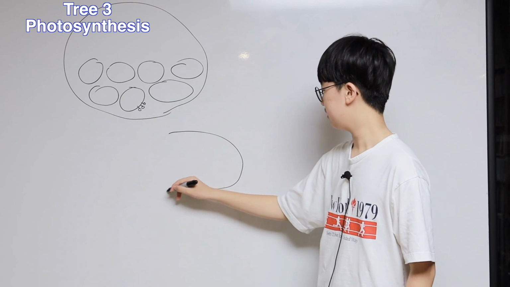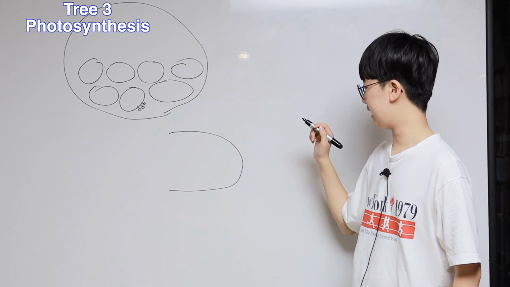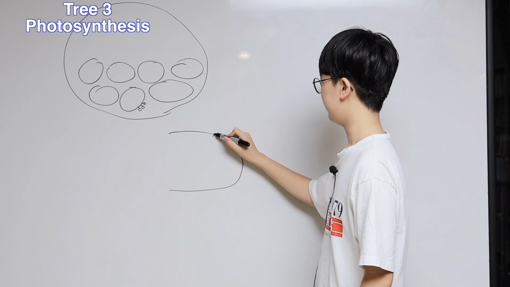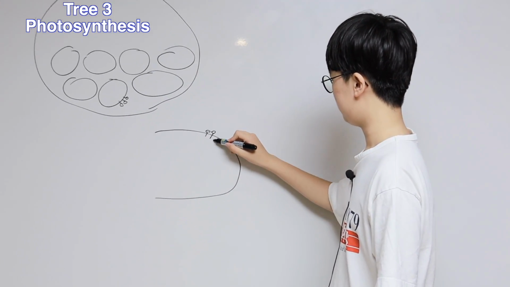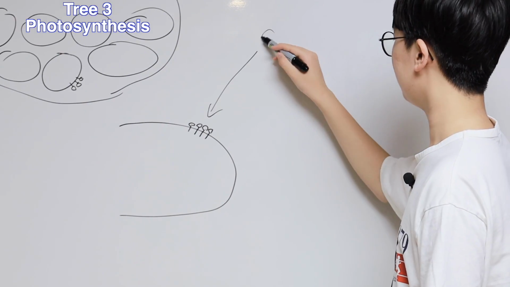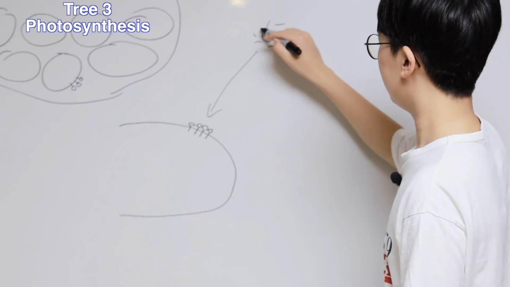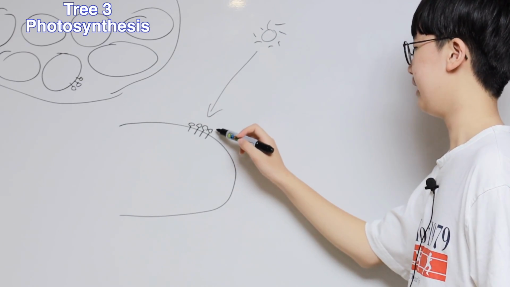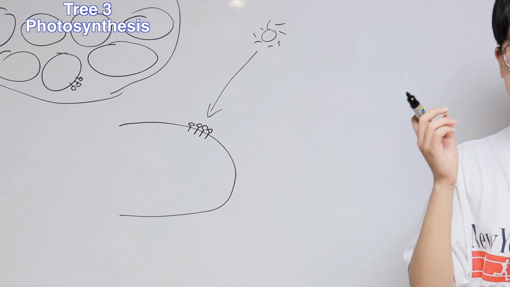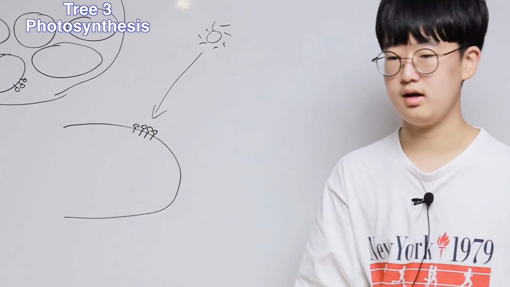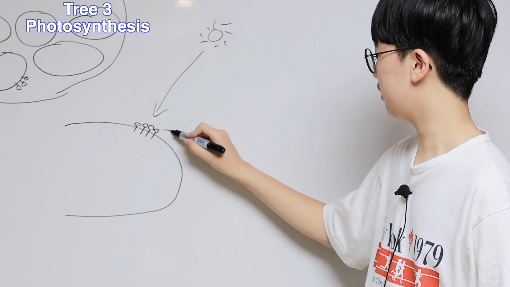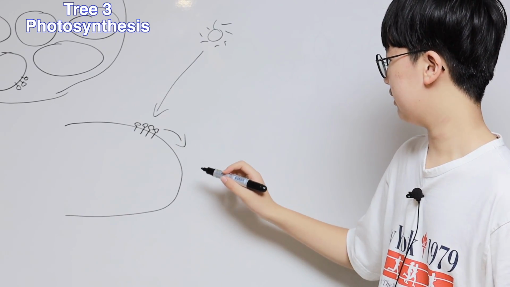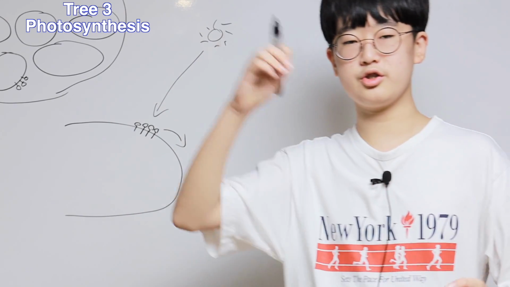This is a thylakoid, and I drew it bigger, and here are the chlorophylls. Sunlight hits the chlorophylls, and now they give out electrons. The electron jumped away, so it goes like that.